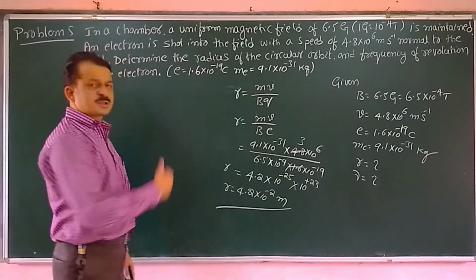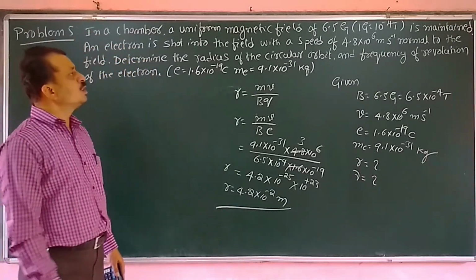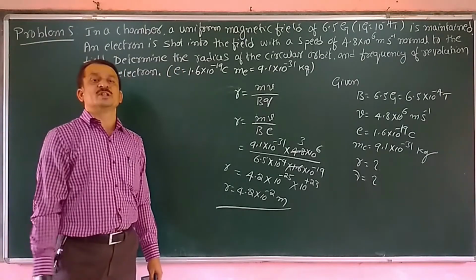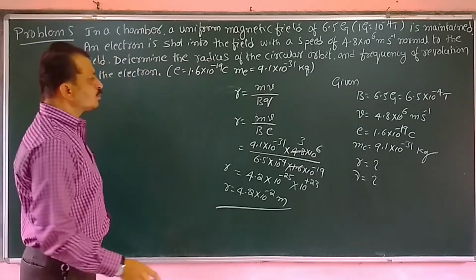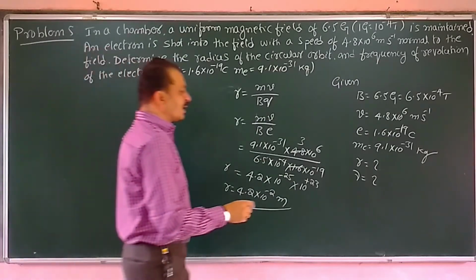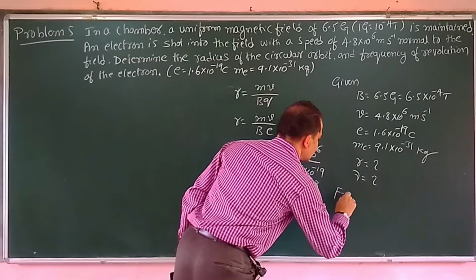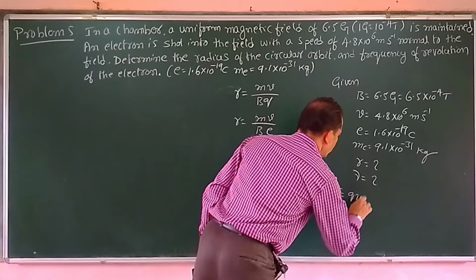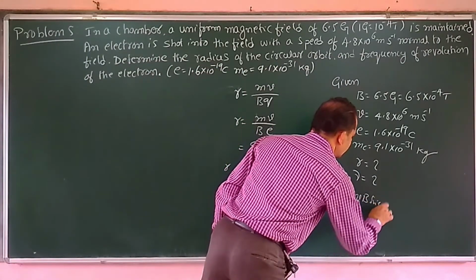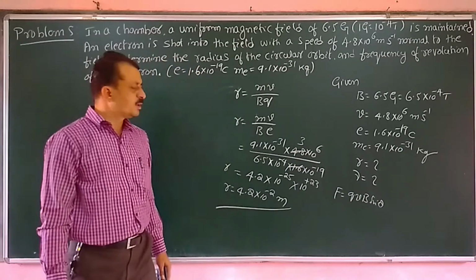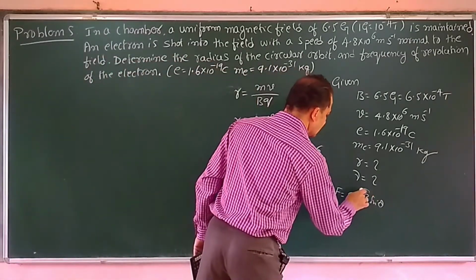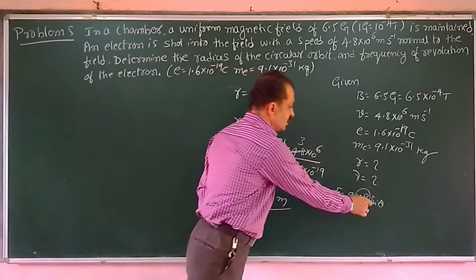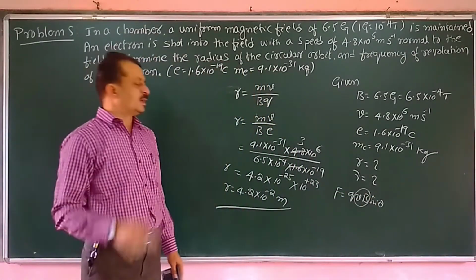Now why does it describe a circular path? Here the velocity vector and the field vector are perpendicular to each other. When a charged particle moves in the presence of a magnetic field, it experiences a magnetic force given by QVB sin theta. Since the velocity vector and the field vector are mutually perpendicular, sin theta becomes 1.